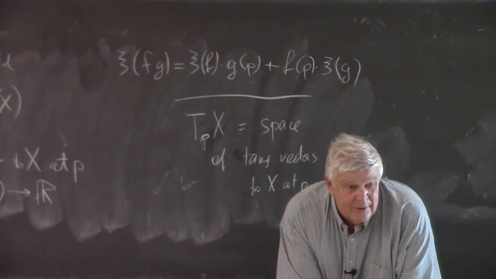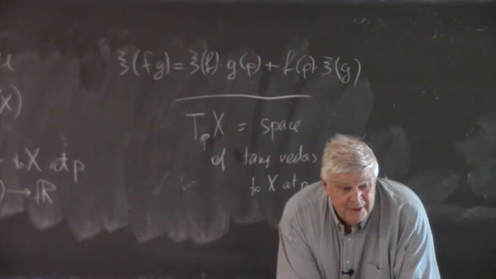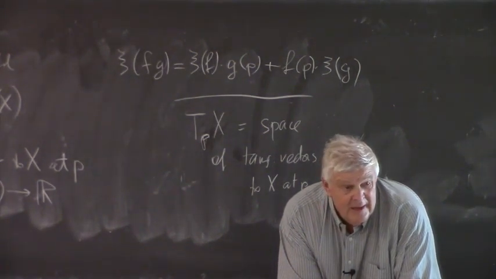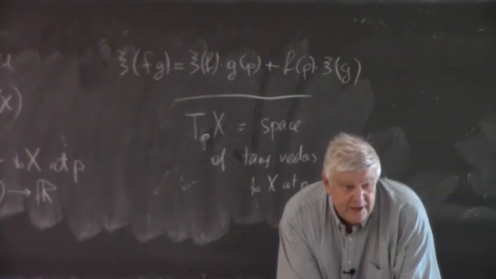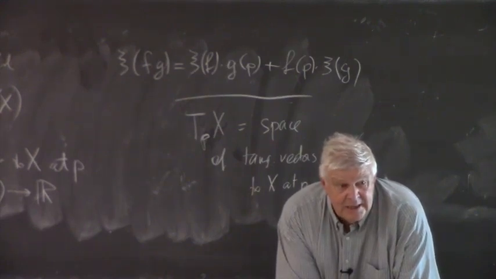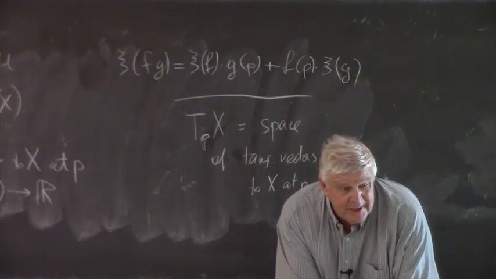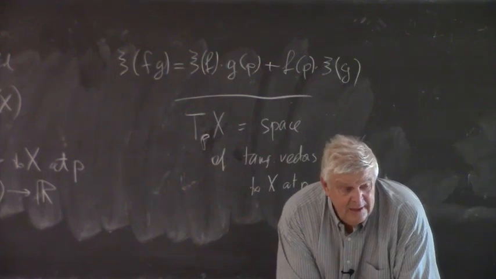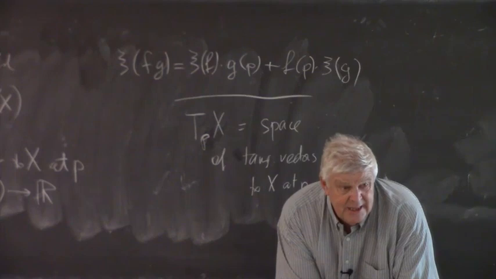If you take the sum of two tangent vectors, the usual sum of two maps, it will be a tangent vector. If you multiply a tangent vector by a number, it also will be a tangent vector. So this is a real vector space. And at the first glance, it seems immense, very big, because C infinity of X is a huge ring. But still, in reality, this vector space has the same dimension as the manifold.